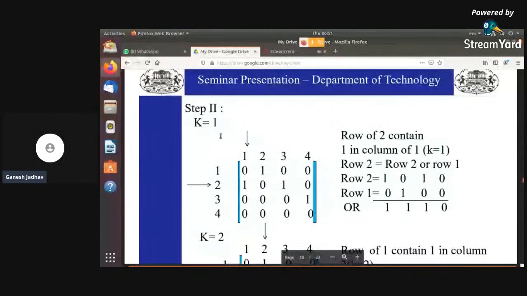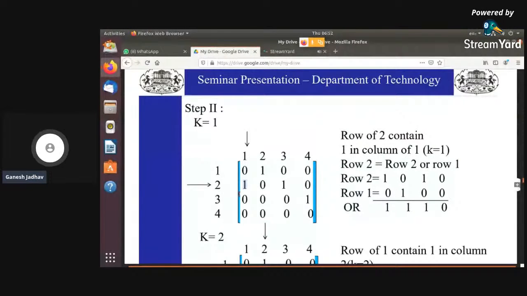Then step second, k is equal to 1. This is very important. Go to your first column and see here there is a 1 in this particular first column. You can find this 1 easily in the second row.